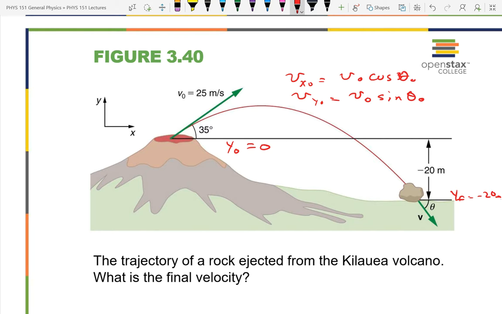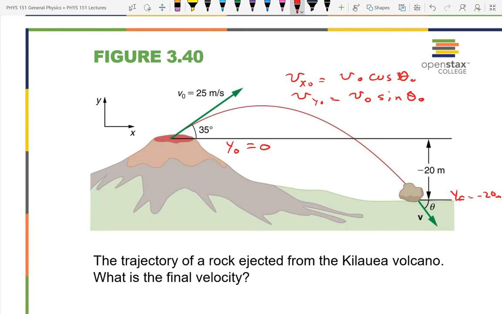Now going with the equation that Alex used, for the vertical direction, we know the acceleration, g pointing down. We know the initial velocity. We know the change, the initial and final heights. The only thing we don't know from the equation Alex used is the final velocity. So I can use that equation, find the final velocity.